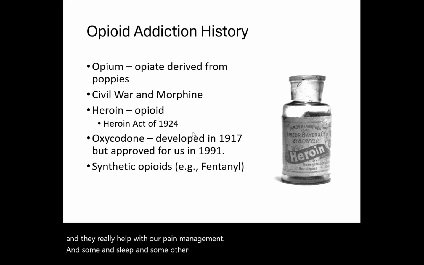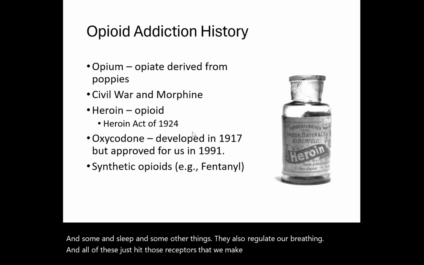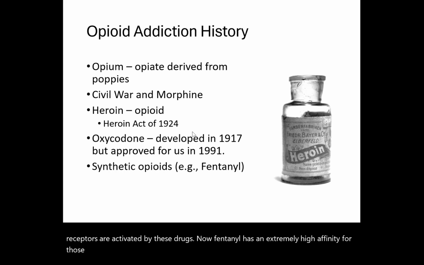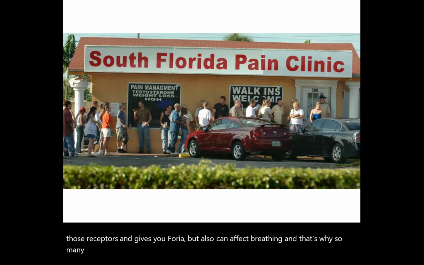They also regulate our breathing. And all of these just hit those receptors that we make ourselves. Our own opioid receptors are activated by these drugs. Now, fentanyl has an extremely high affinity for those receptors and gives euphoria, but also can affect breathing, and that's why so many people die from this.